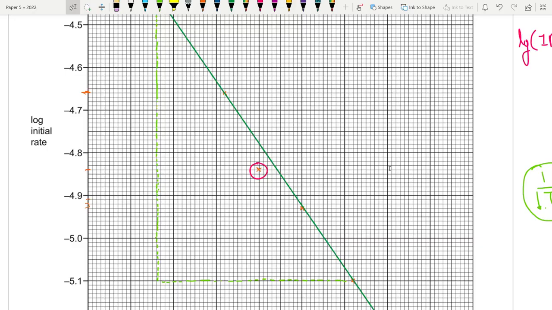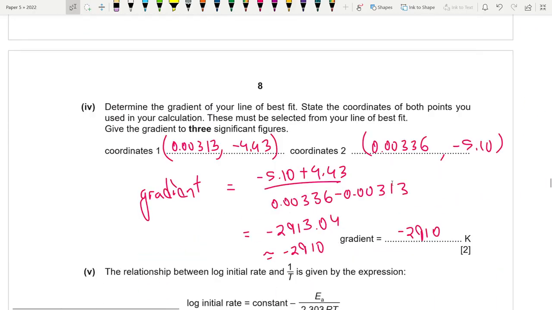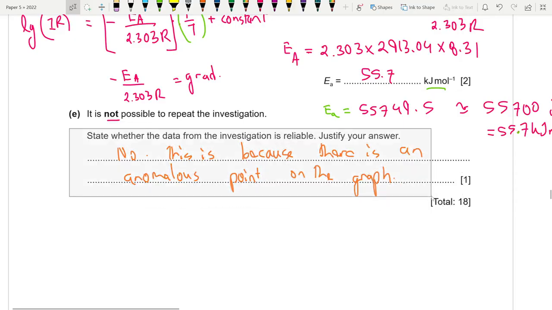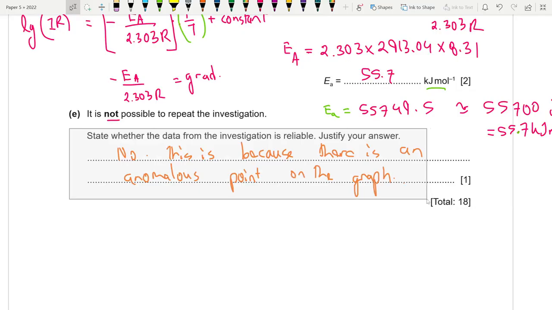You see these in 2016, 2017, 2018 variants like those. But this is a new form of question, this is the first time I've seen this. They mention at first that it is not possible to repeat the investigation, and since we have an anomaly, this is greater proof that no, the data is not reliable. Okay, so this is the new pattern of questions that's coming.